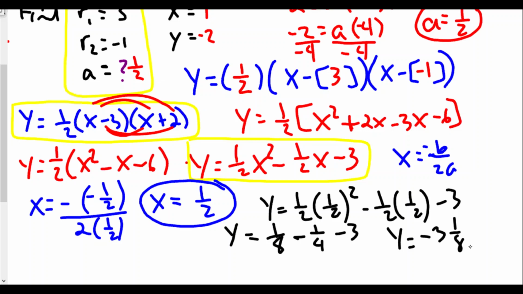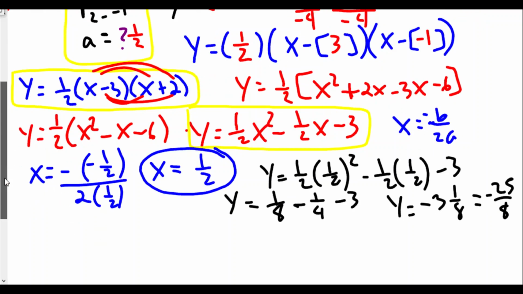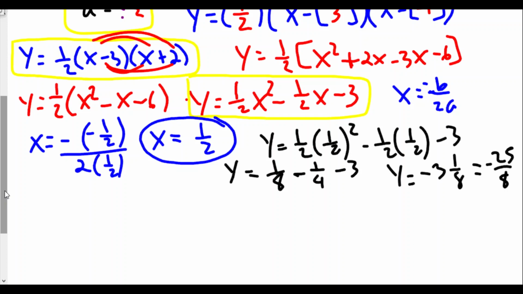Because negative 1/8 minus 3 is negative 3 1/8, or in this case, y is equal to negative 25 over 8. So our vertex is going to be 1 half comma negative 25 over 8.